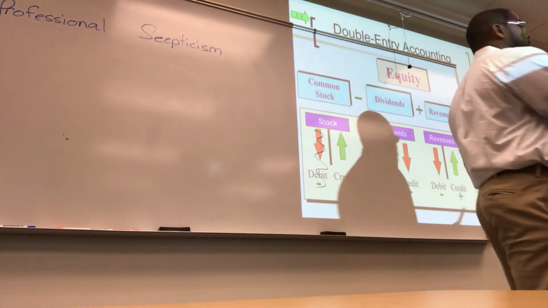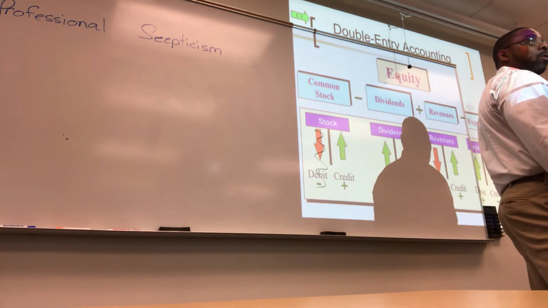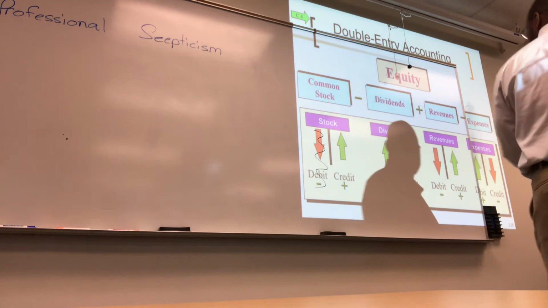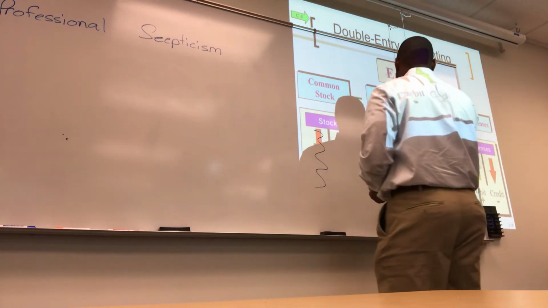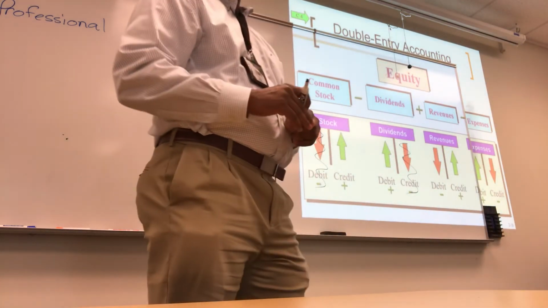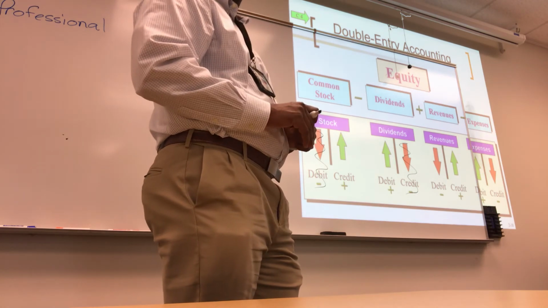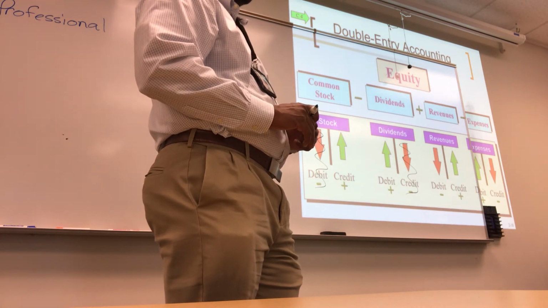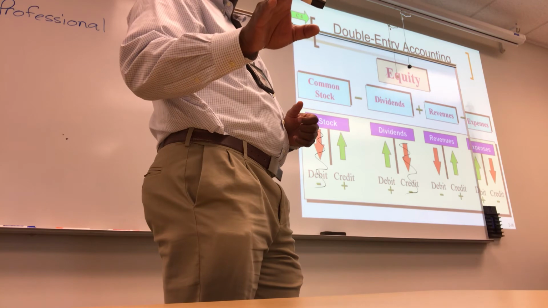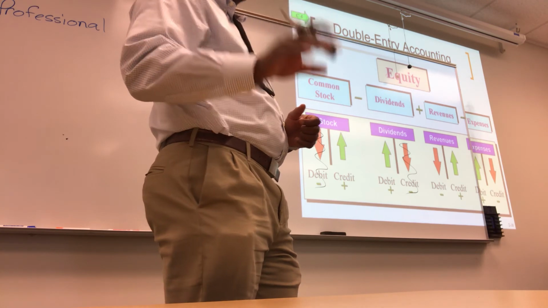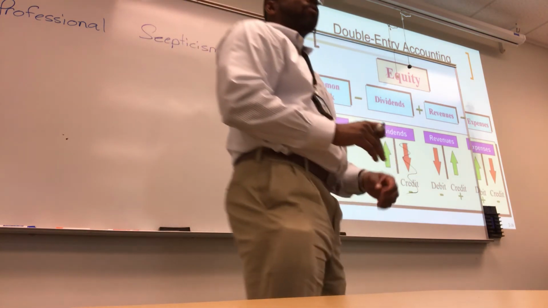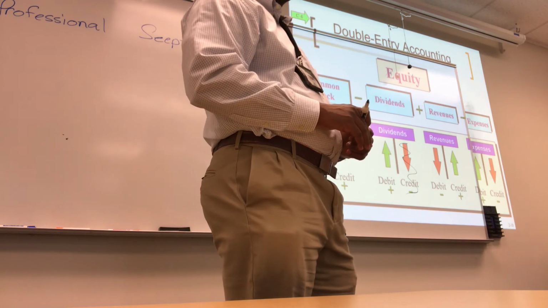No. It can only move one way. Everyone with me? So therefore, technically, there's no credit on the dividend side. Now you'll use it for corrections, but not really for a transaction. Everyone with me so far?